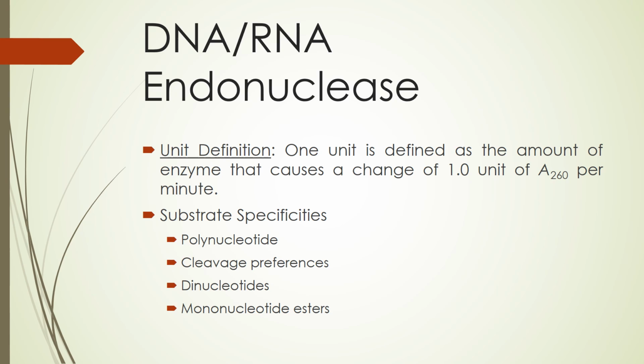Now we come to the cleavage preference. With denatured DNA, the order of cleavage appears to be nearly random. In native double-stranded DNA, however, some bonds are preferentially cleaved. The cleavage preference at the 5' side of A or T is estimated to be 30 times greater than that of G or C.